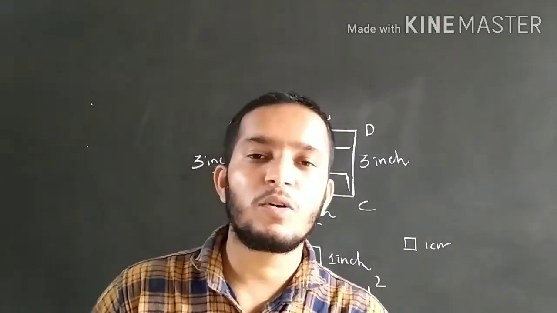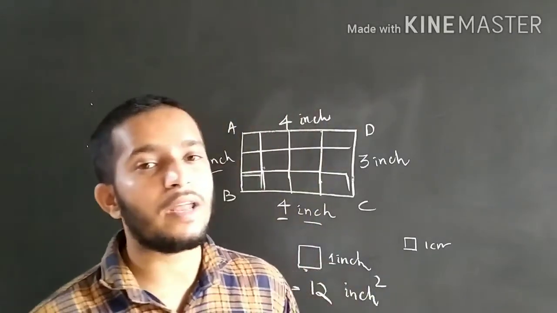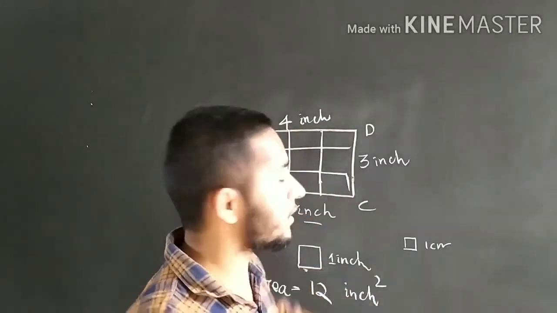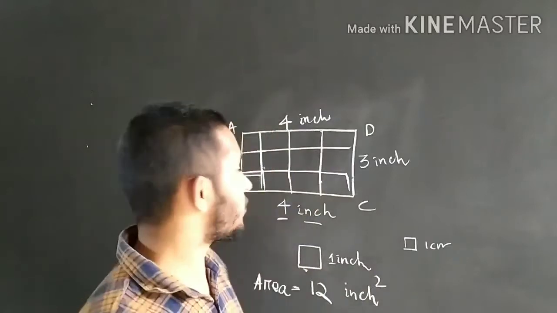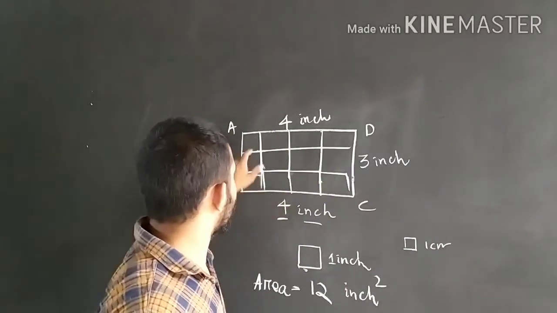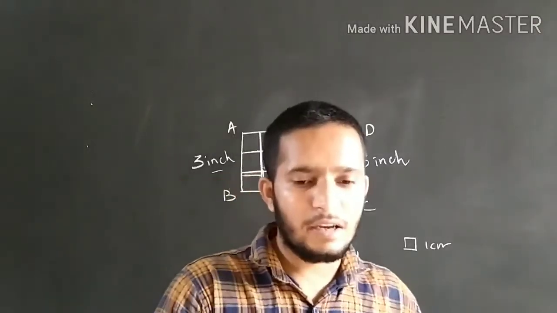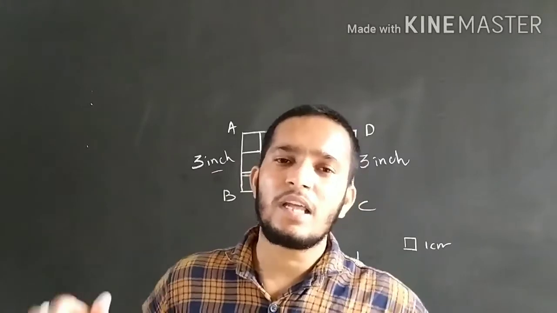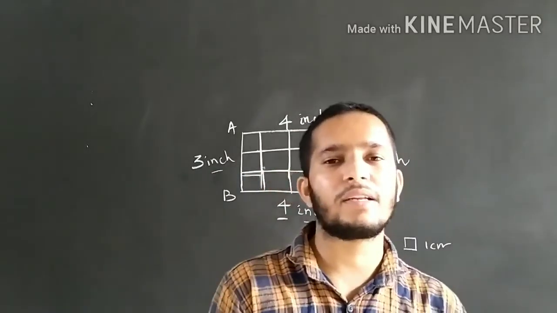And I have told you previously that when we have to find out how many boxes are inside a figure, we just count the squares along the length side and along the breadth side, then multiply both of them and we get the area.